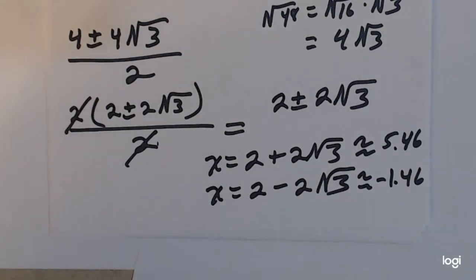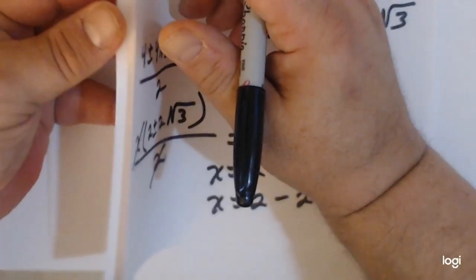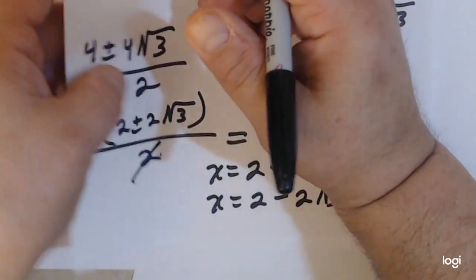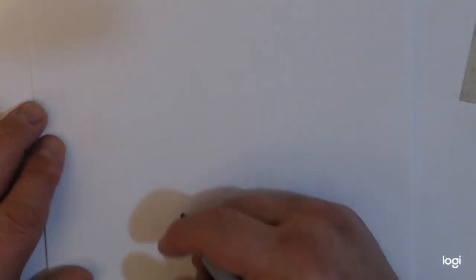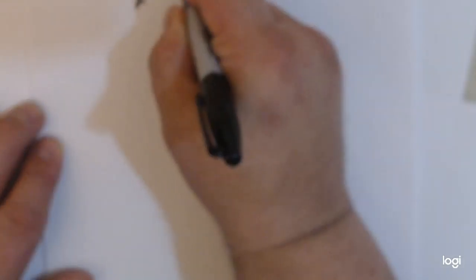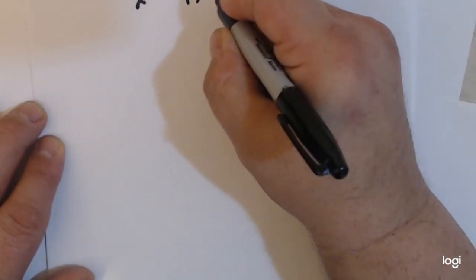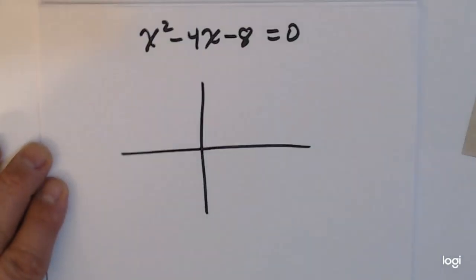Let's see what this graph looks like. So our equation once again is x squared minus 4x minus 8 equals 0. And we want to see what this graph is going to look like.